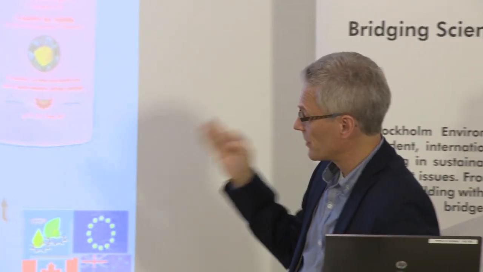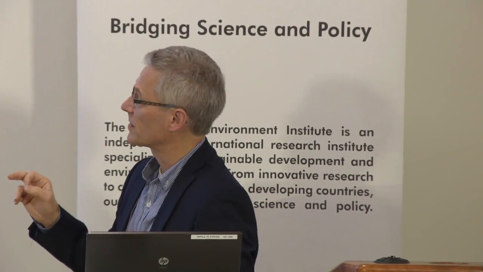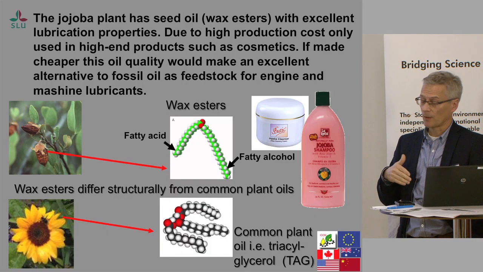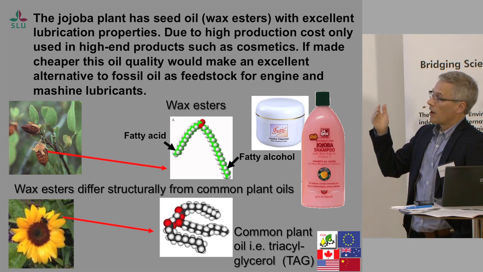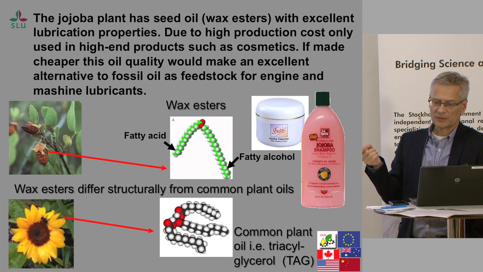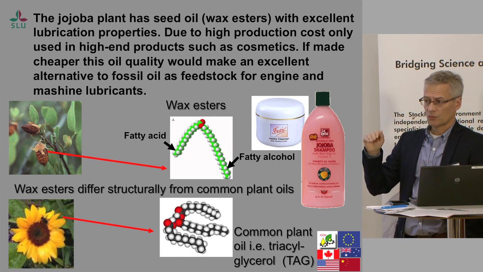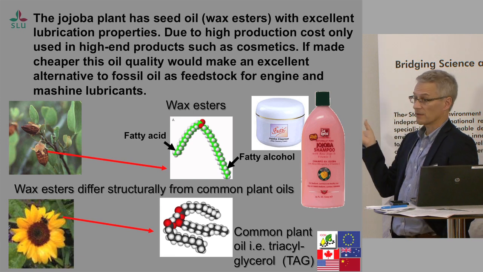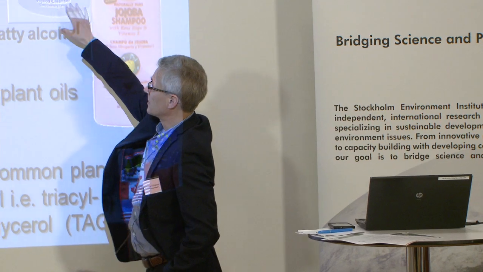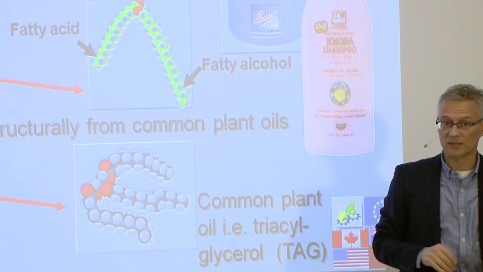But these excellent lubrication properties make wax esters excellent for making products that need these properties. The problem is that it's very expensive to grow, so the end product is very expensive. That means it can mainly carry the cost in high-end products like cosmetics.